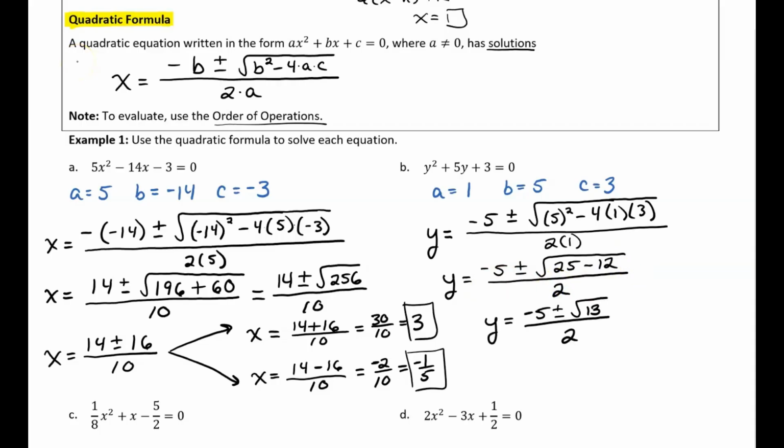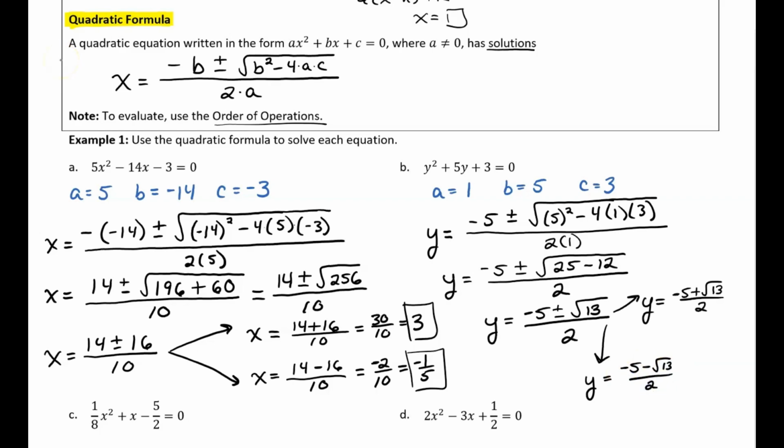So from this point, we want to split it apart. We want our version with the plus and then one with the minus. So I'm going to have y is equal to negative 5 plus the square root of 13 divided by 2. Go ahead and do the other one down here. Y will equal negative 5 minus the square root of 13 divided by 2.